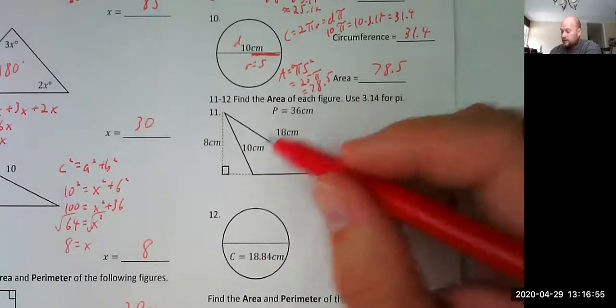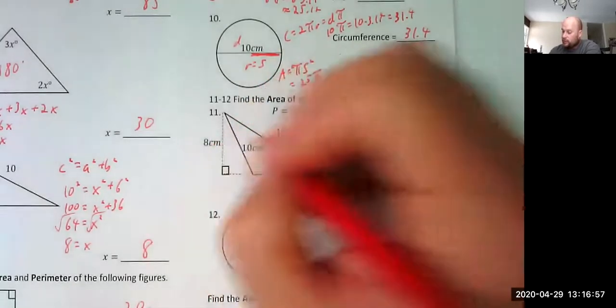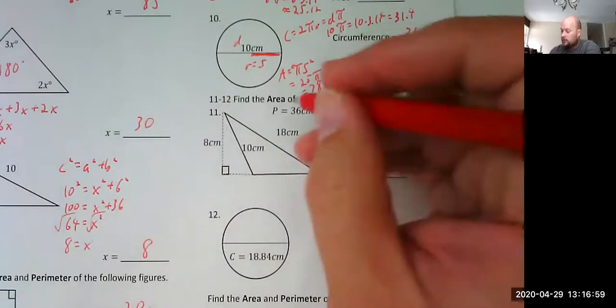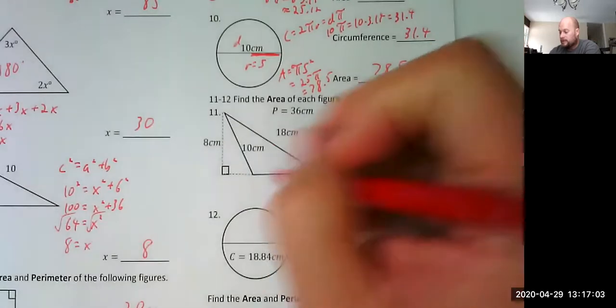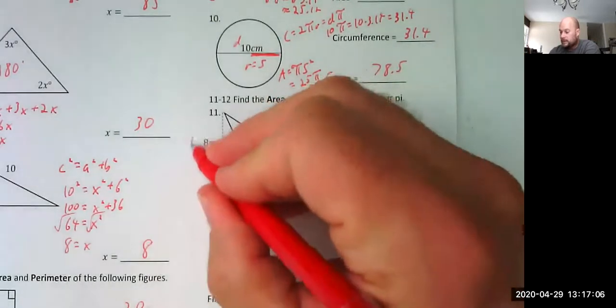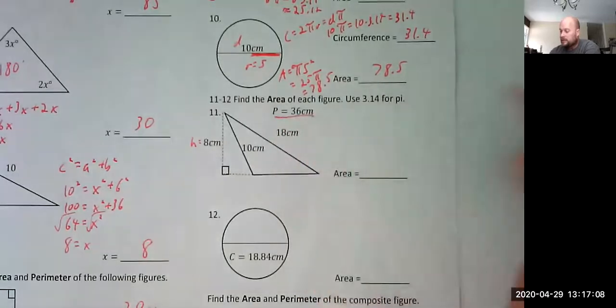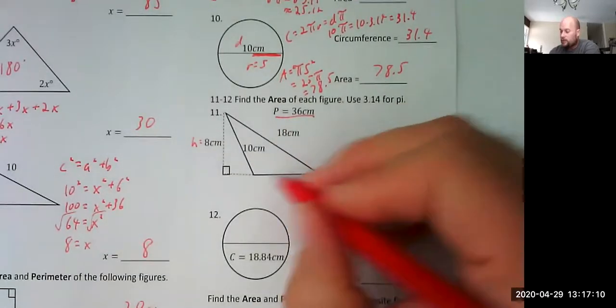Again, area of this is still a triangle. It's just a matter of knowing what the base and what the height are. Well, on this one, we don't know what the base is. We have to find it. This is going to be our height. They gave us the perimeter is 36, so we had to solve for the base first.